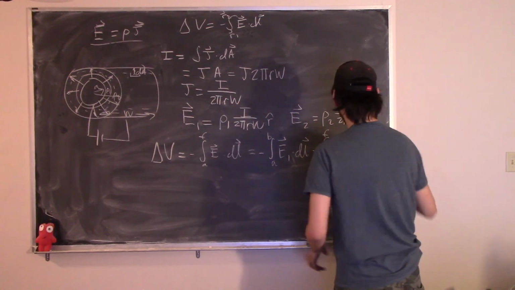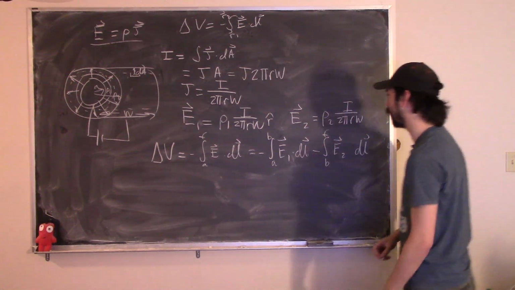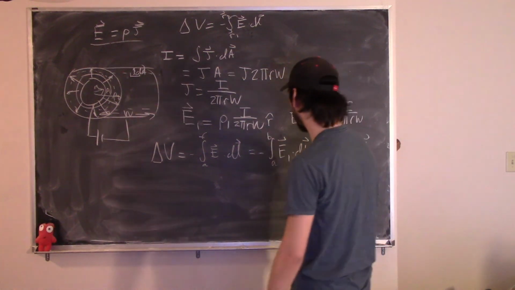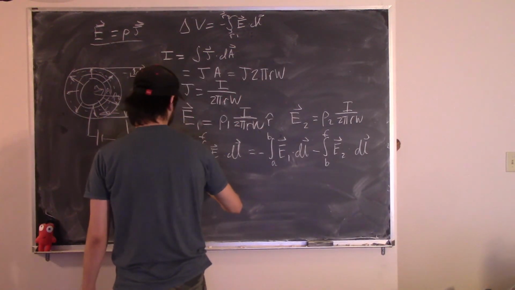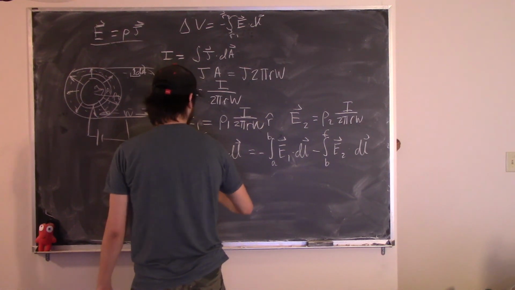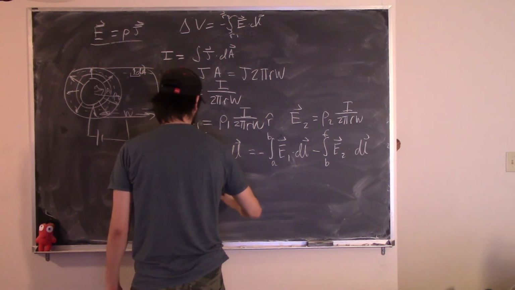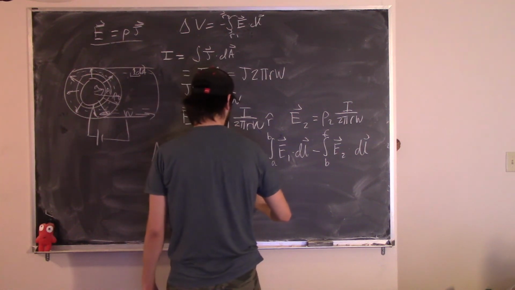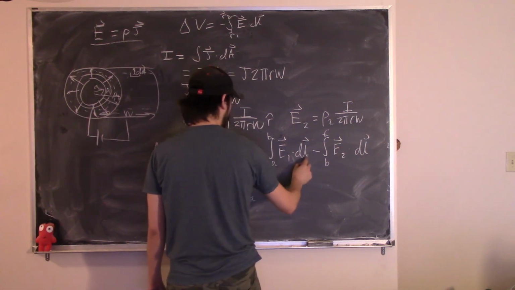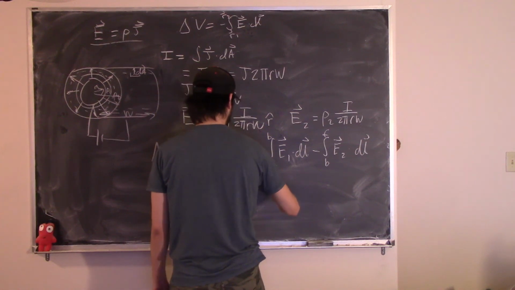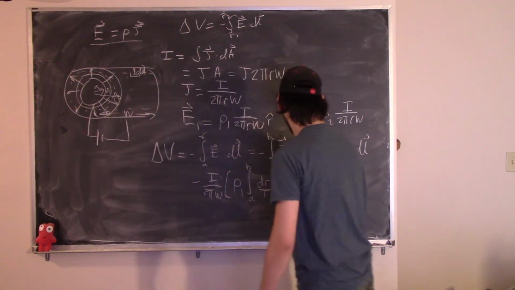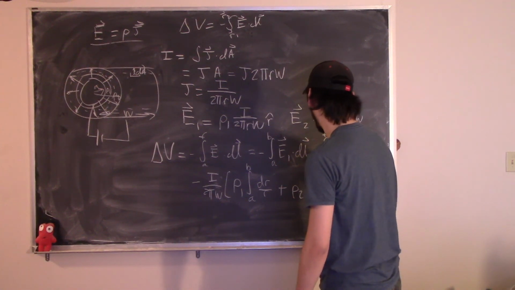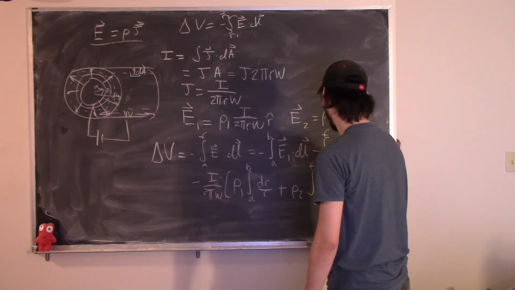Okay. So from here, there's just some algebra to do. But to make my life a little bit simpler, I'm going to factor out everything that's in common to this. And so I'm going to have a negative I divided by 2 pi W times rho 1 times the integral from A to B of dl is dr. So this is going to be dr divided by r plus rho 2 times the integral from B to F of dr over r.